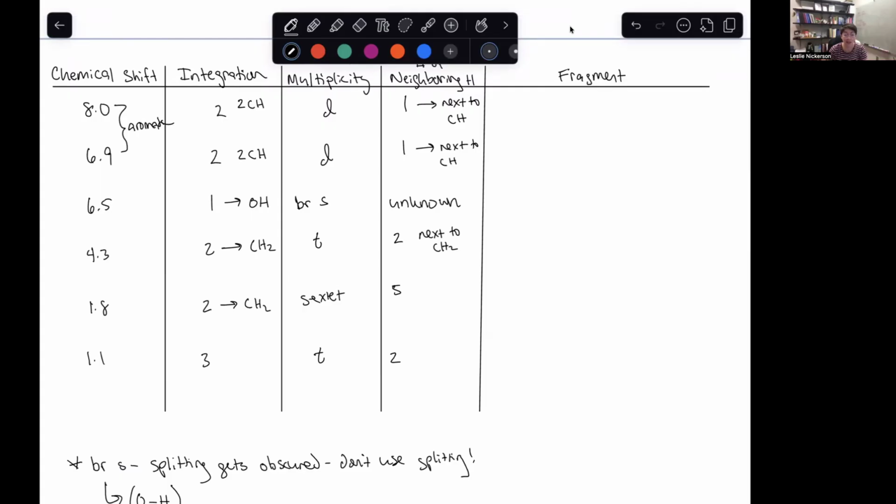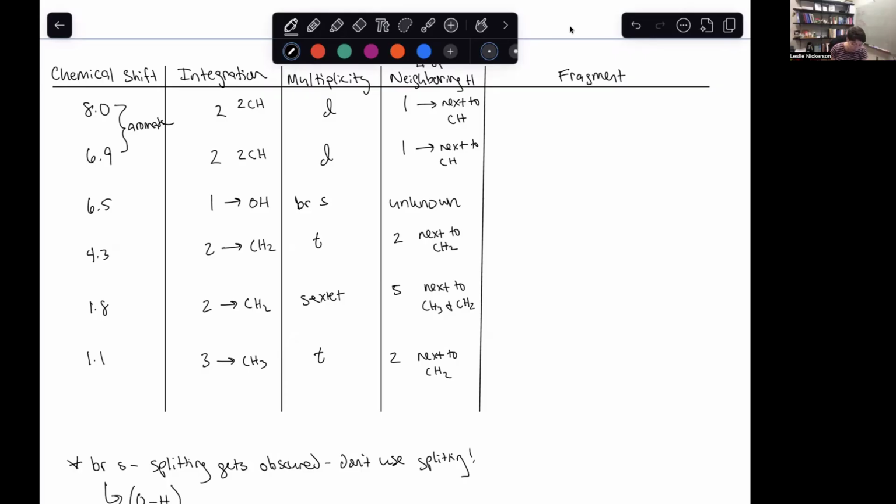The easiest way to get to 5 is a 3 plus a 2, because again, we're thinking in those CH, CH2, CH3 pieces. So it's probably next to a CH3 and a CH2. Okay, and then the 1.1 peak that is integrating to 3, most likely a CH3. It's a triplet, which means it has 2 neighbors, so it's probably next to a CH2.